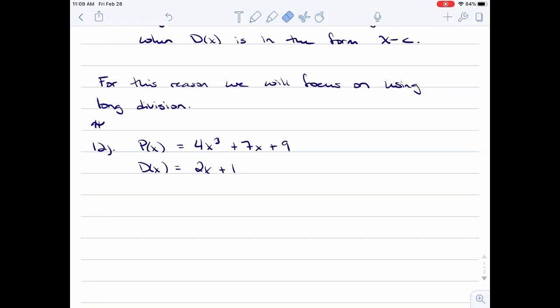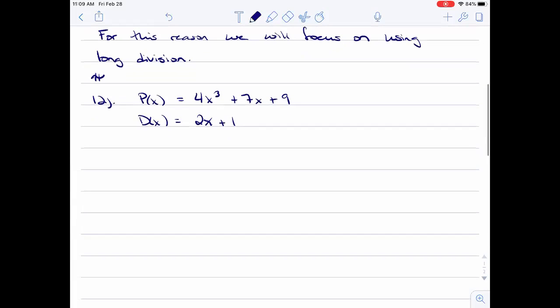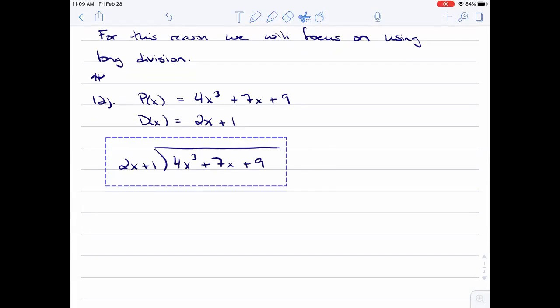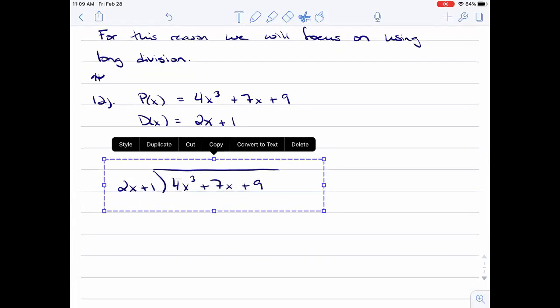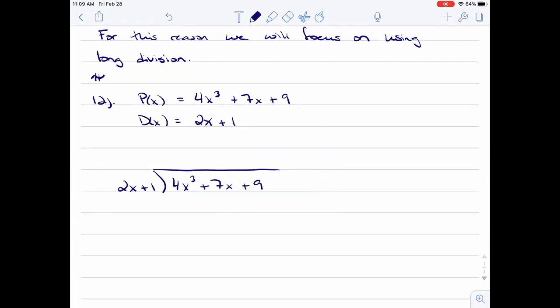So I'll clean up this X here. If we write it in the form of 2x plus 1 going into 4x to the power of 3 plus 7x plus 9, I'll need a little bit more room up above because that's where my quotient goes.